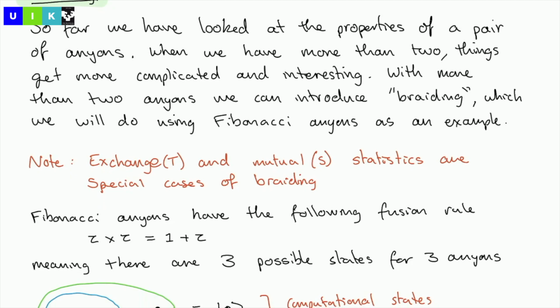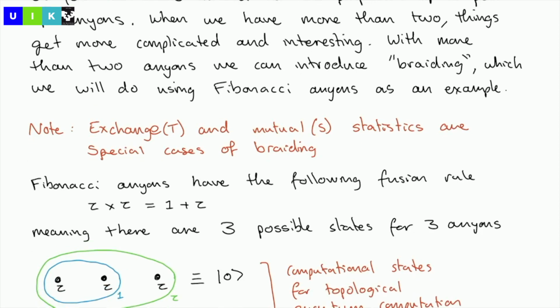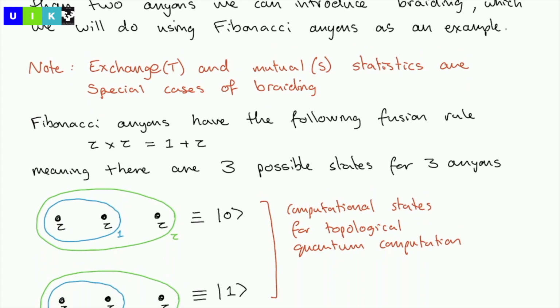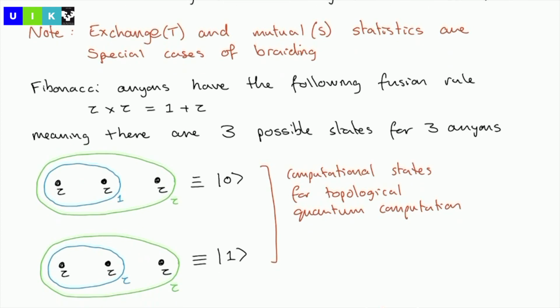With more than 2 anions, we can introduce the idea of braiding, which is essentially the idea of rearranging multiple anions. Say we have 3, we want to swap pairs of them and rearrange this array of anions. And just as a note, the exchange and mutual statistics are special cases of this, but when we go to more particles, there are more possibilities.